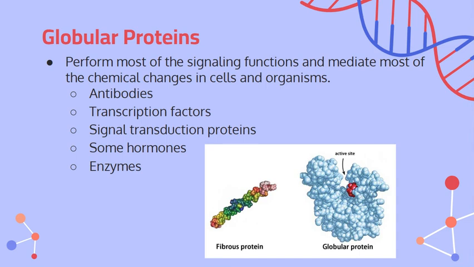So those digestive enzymes, transduction proteins are going to be things that just send messages from one to another or open things like our nerve cells so calcium can move through.